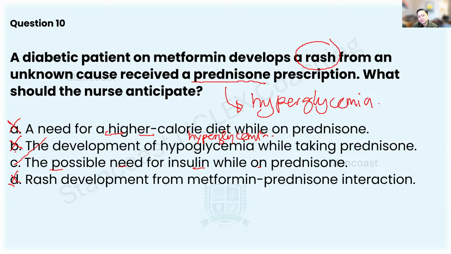The same thing will happen when they are given steroid-based medications when they have COPD exacerbation, methylprednisolone, prednisone, or when they are given a steroid prescription for pneumonia when they're admitted. This will really cause hyperglycemia, adding to their pre-existing diabetes. So definitely we need to treat that with insulin, a possible treatment that can be added to their regimen. So the correct answer for item number 10 is letter C.